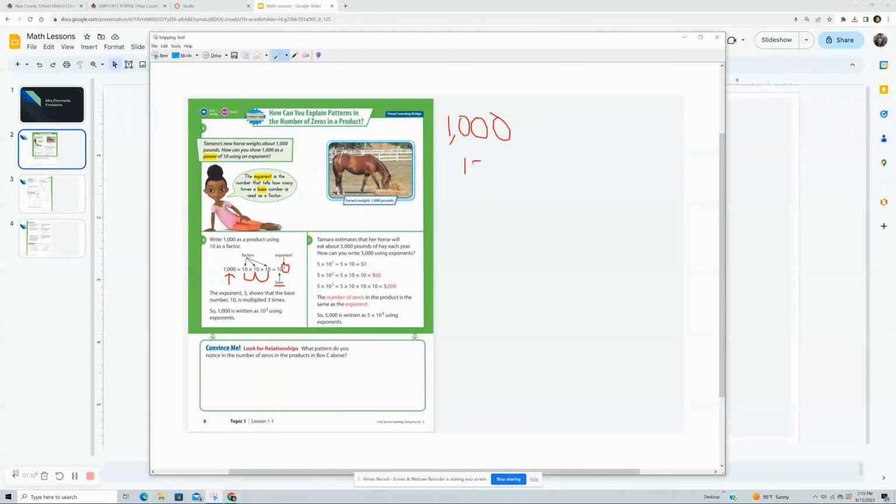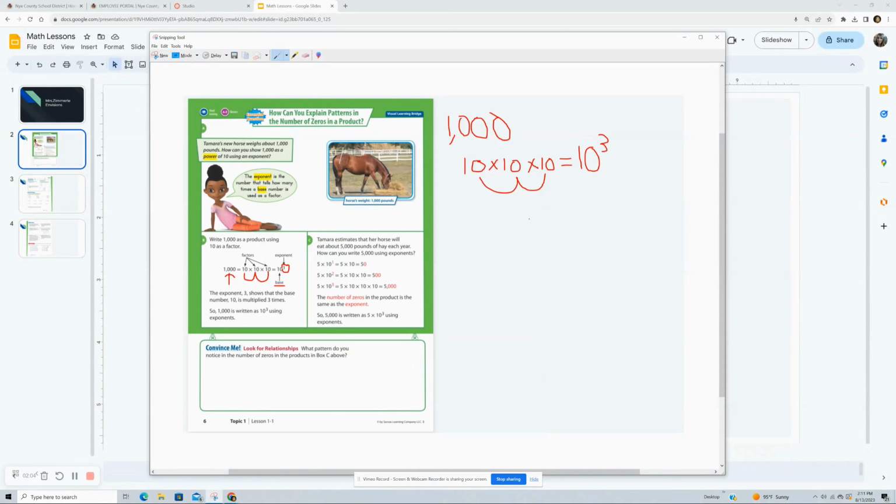So we know that 10 times 10 is 100, but we need to get to 1,000. So we know we need to multiply that one more time. And this is also represented as 10 to the power of 3.